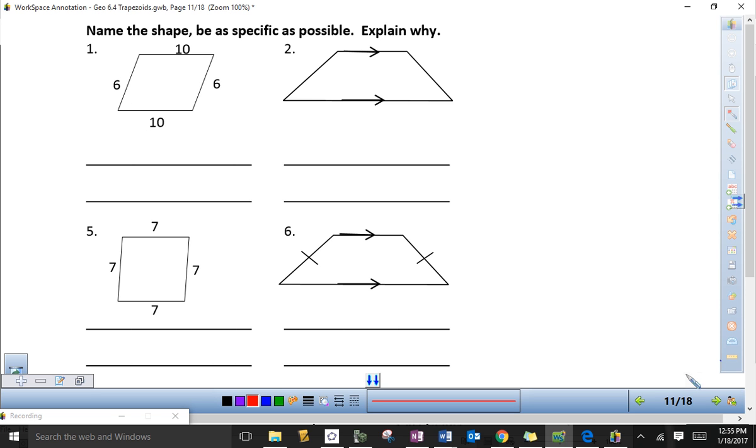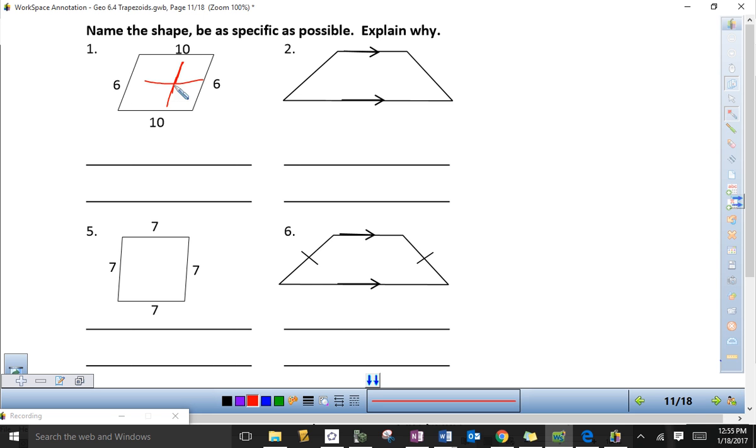Looking at number 1, we want to see what we are told. On number 1, the only things that are marked are sides, so we're looking for a pattern. If you notice, opposite sides are the same number, so opposite sides are congruent. That tells me it's a parallelogram. The only thing I have to ask myself is, can I be more specific?